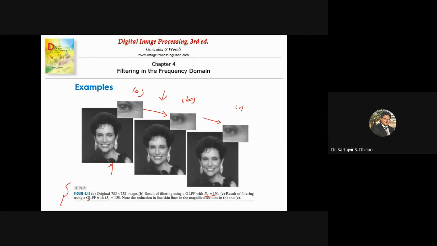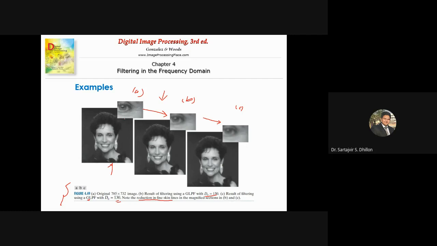Please note that in the third we have used a lower cutoff frequency, and you can reduce the cutoff frequency to smooth the image further. While smoothing, there is a reduction in the fine skin lines, as shown in the magnified section.